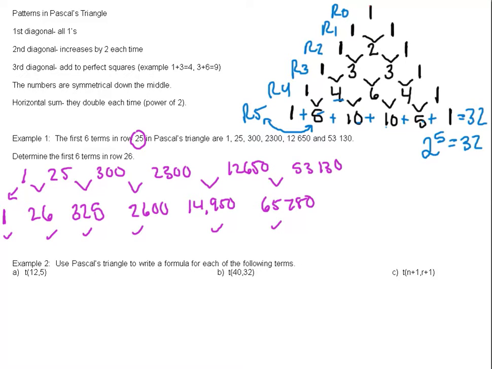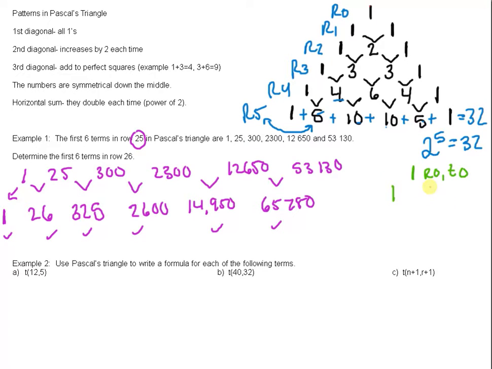So if we take a look at this, we can write Pascal's triangle using term numbers. So the 1 here is row 0, term 0. Okay?